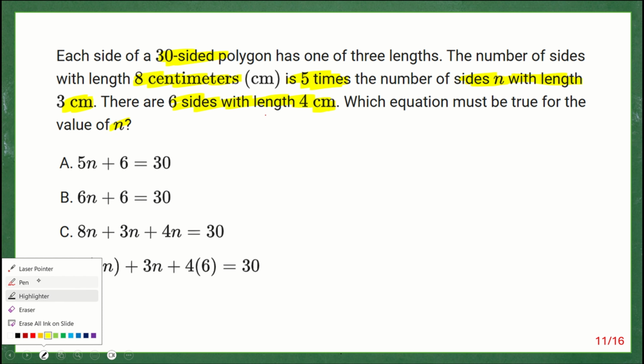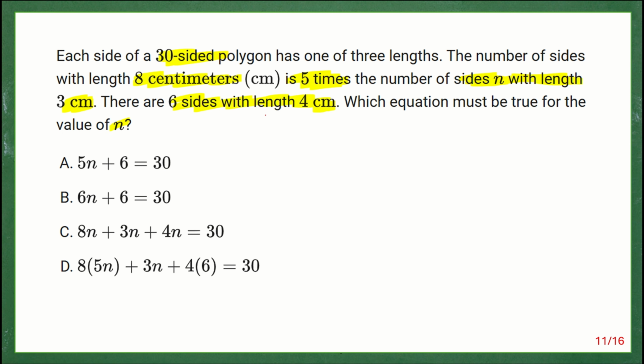So we can write an expression: a polygon has a total of 30 sides, and we have three potential side lengths given here.